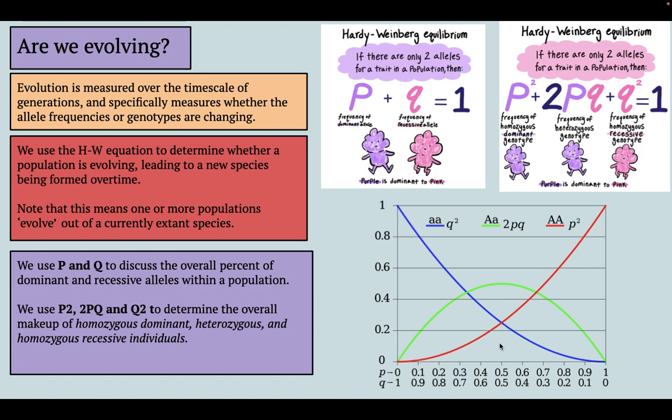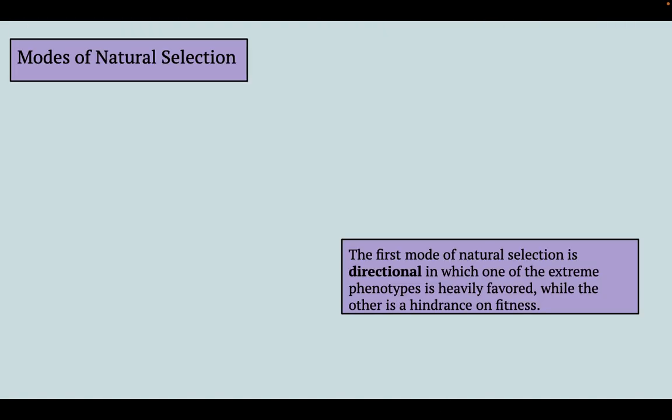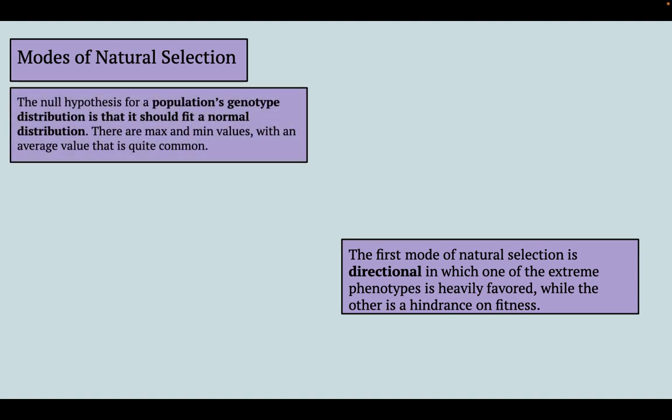If we see these proportions shift enough between populations and generations, we say that a species is evolving. So there's three modes of selection. The null hypothesis, or the assumption, is that a population's genotype distribution in terms of big A, little a, should fit a normal distribution, where the number of individuals at the average height, average weight, average skin color, average any trait, is going to be right in the middle.